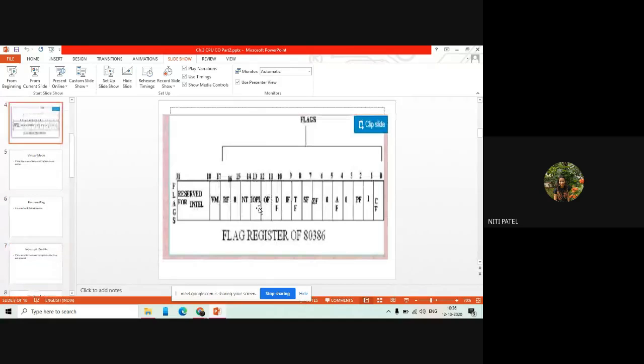Every time we give input or take output, this bit is set to 1. Whenever the CPU is idle and the user is also idle, this flag will be set to 0. So if IO operations are performed, it will be 1. If the operations are not performed, it will be 0. Is this clear up to here?